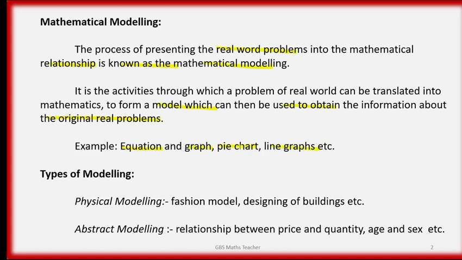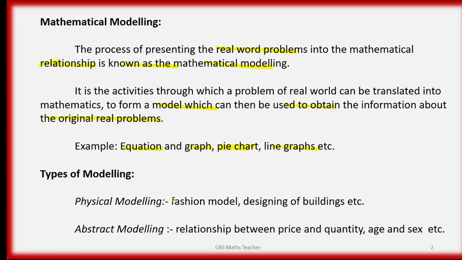are mathematical modeling. I mean, we can represent our monthly expenses in a pie chart. That pie chart shows our expenses, your income, like that. So we can express real world problems as mathematical relationships.